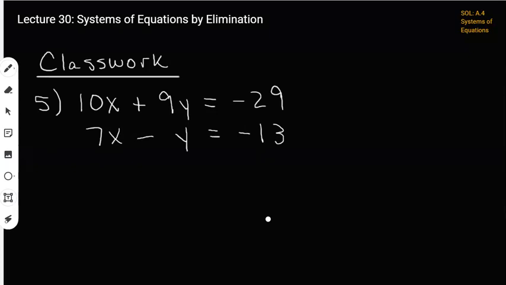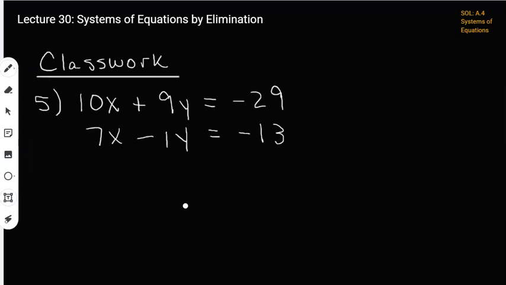Now currently, none of the numbers match up. I've got a 10 and a 9 at the top, and on the bottom, I've got a 7 and a negative 1y. So none of the numbers in front of the variables match up. So what I need to do is multiply one of these lines by a number so that they actually do match up.